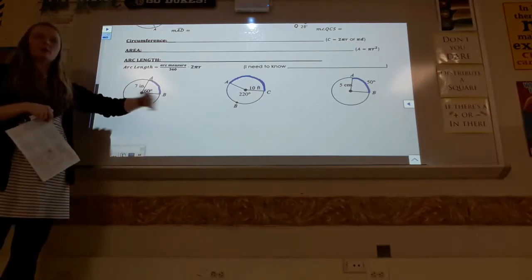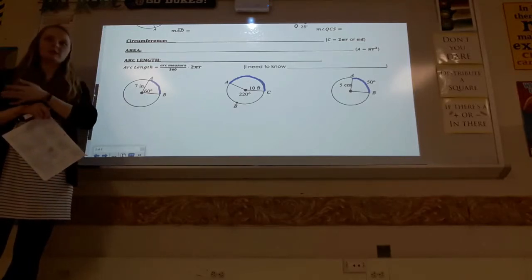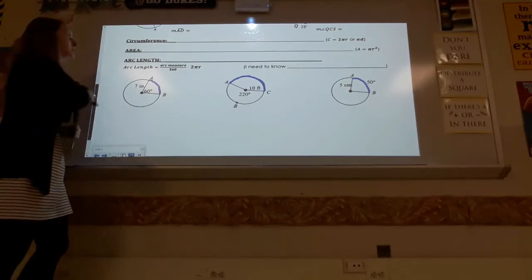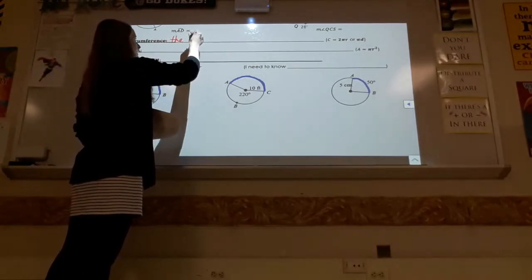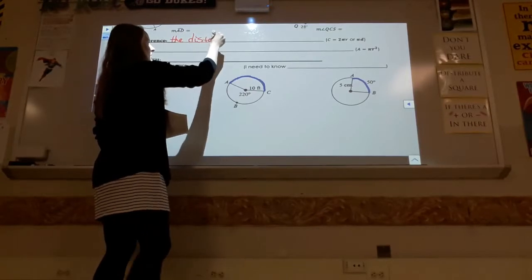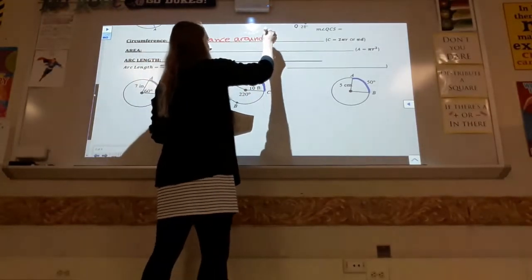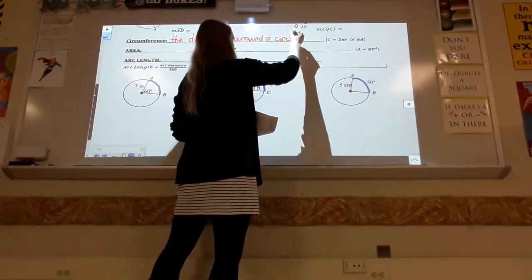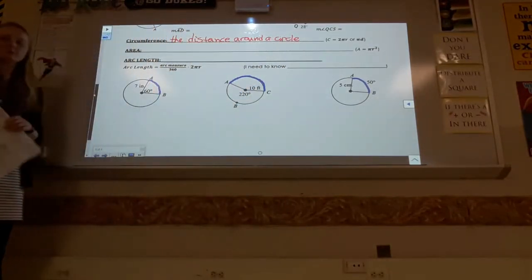Perimeter. The circumference is the perimeter of a circle, but we can't use perimeter because perimeter implies that there are sides that you add together. So for circumference, it's the distance around a circle. Which again is just basically talking about perimeter. It's the full distance around the shape, which is a circle in this case.